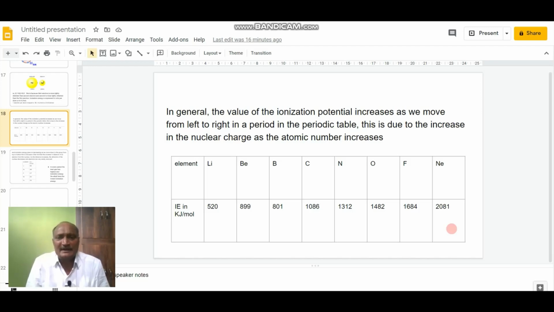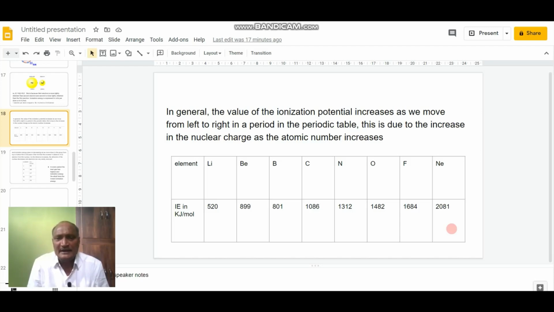The following table indicates the second period of the periodic table, the elements belonging to the second period and their respective ionization energy values in kilojoules per mole. Lithium, its ionization energy is 520 kilojoules per mole. Beryllium, its ionization energy is 899 kilojoules per mole.